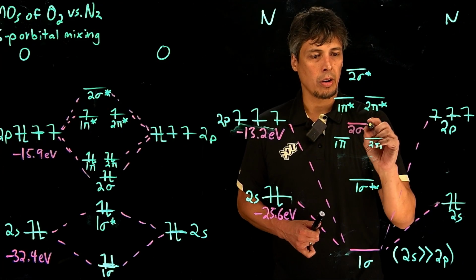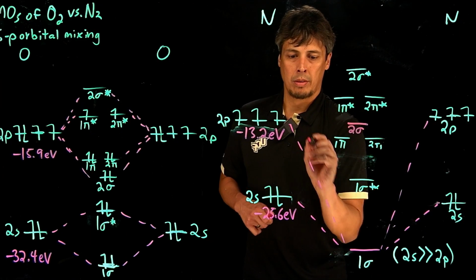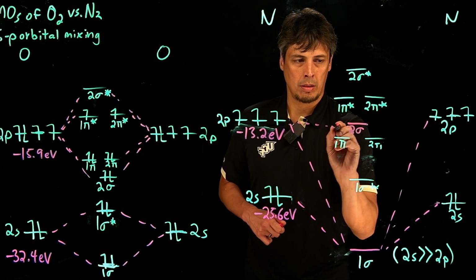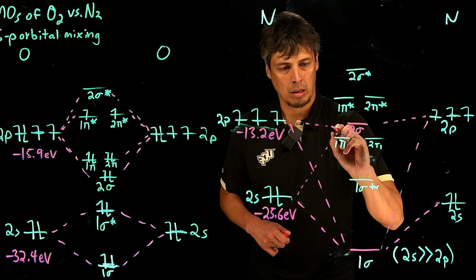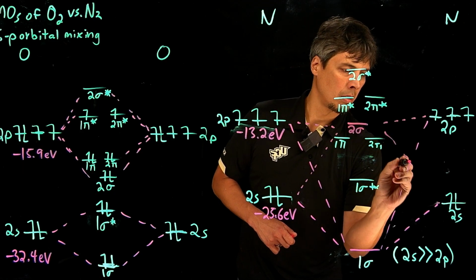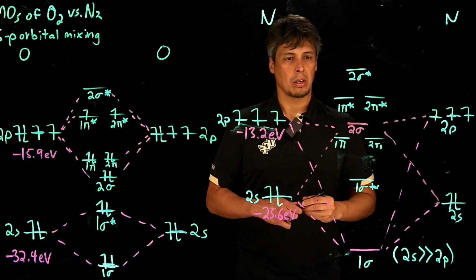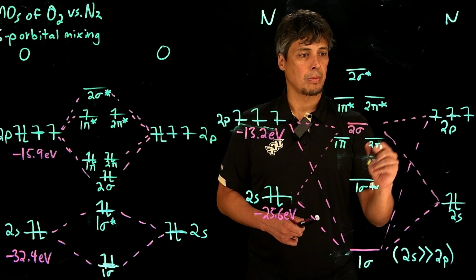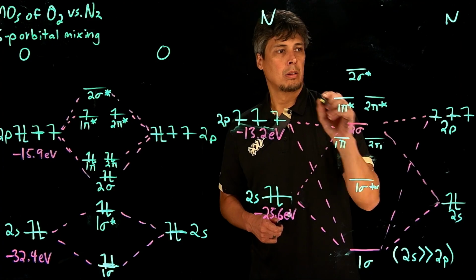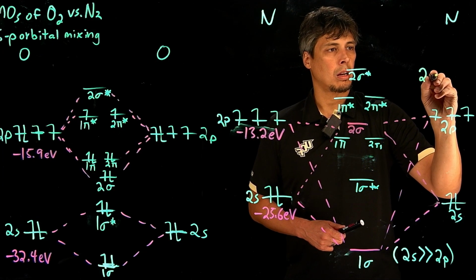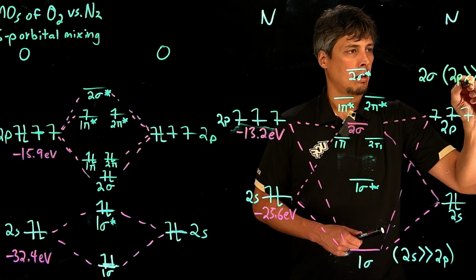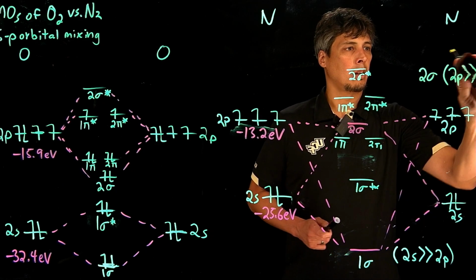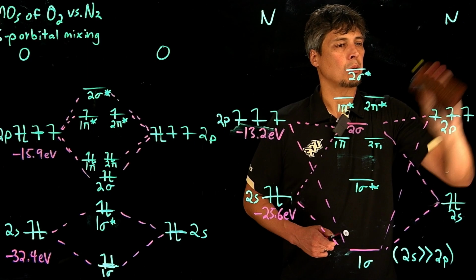right? Which now has 2p character, but also has some 2s character. And so in this case, 2 sigma is going to have character of both the 2p and the 2s.